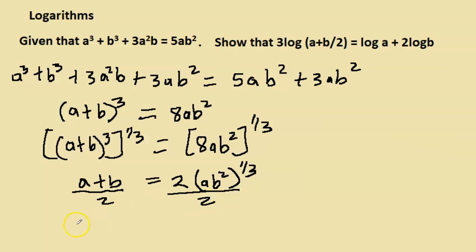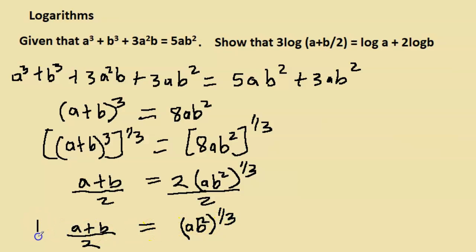So we end up with (a plus b) over 2, and 2 into 2 is 1, and we have ab squared all to the power of 1/3.